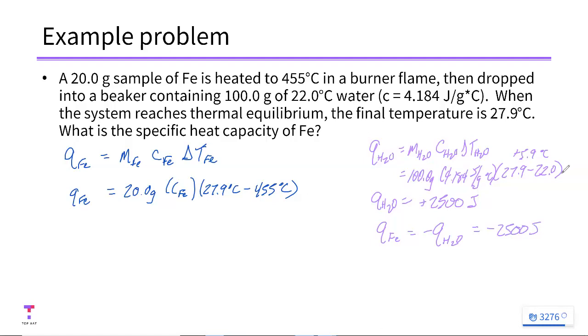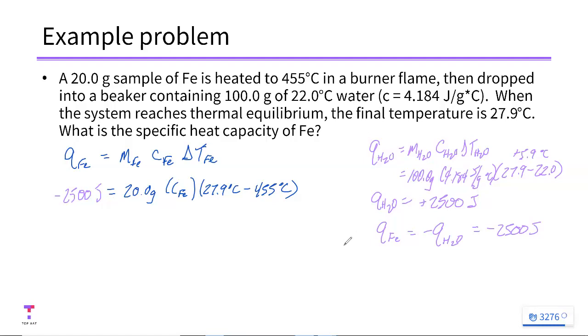And now I can substitute because now I have values. The only thing that I'm missing now is the specific heat value.